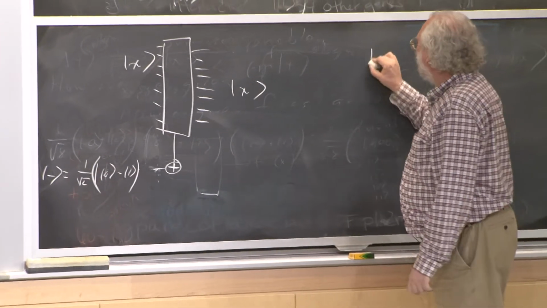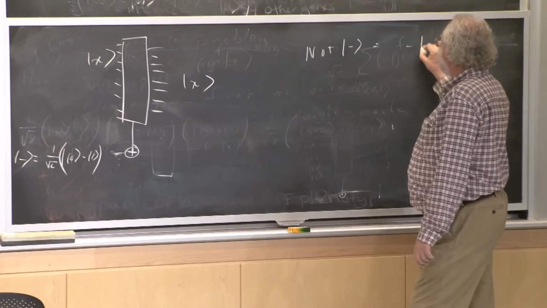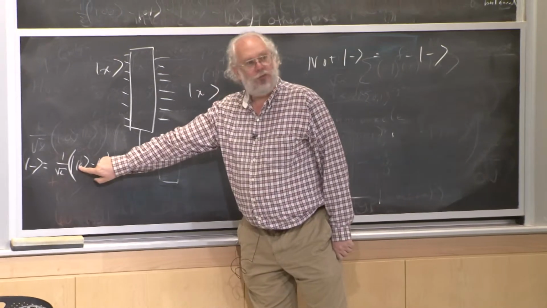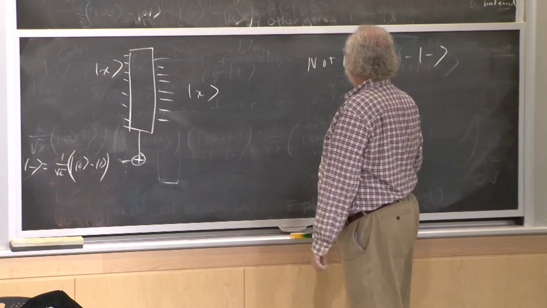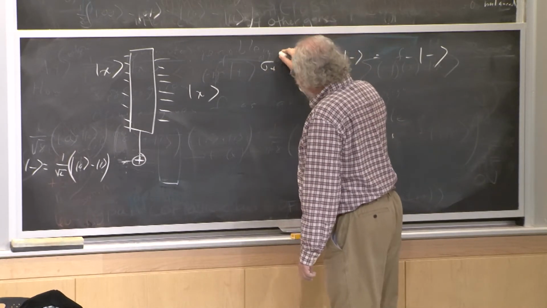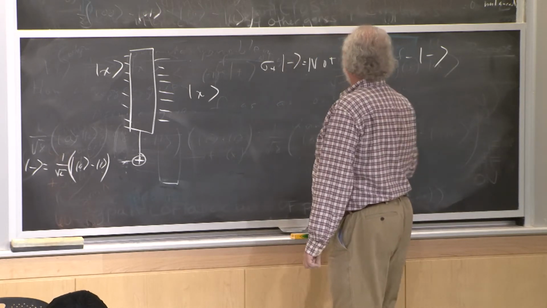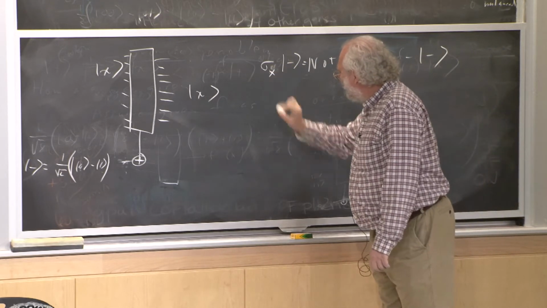So what happens? Not applied to a minus is equal to minus minus. Because what happens is you apply the not to the first thing, that turns a 0 into a 1 and a 1 to a 0. And so a not is the same as a sigma x.